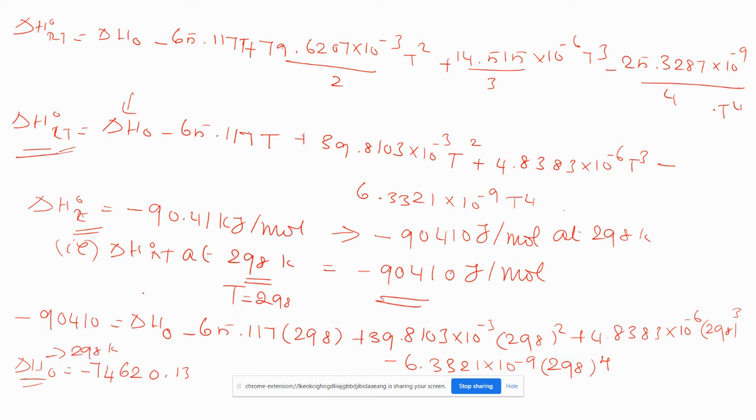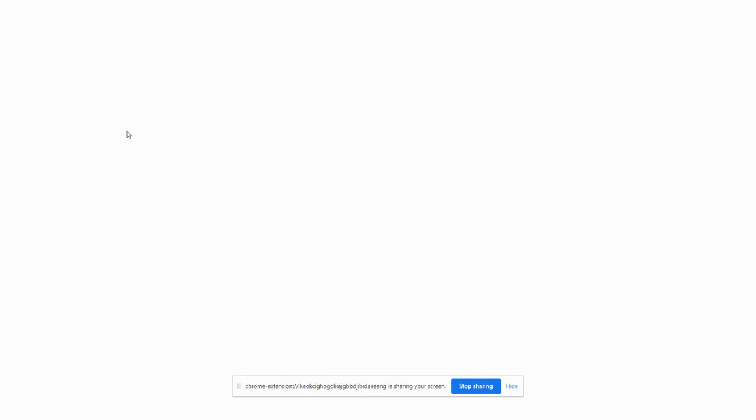Now they have asked an expression for del H0 RT at any temperature T. So now for this same expression, we just have to substitute the del H0 value and T will remain as such.